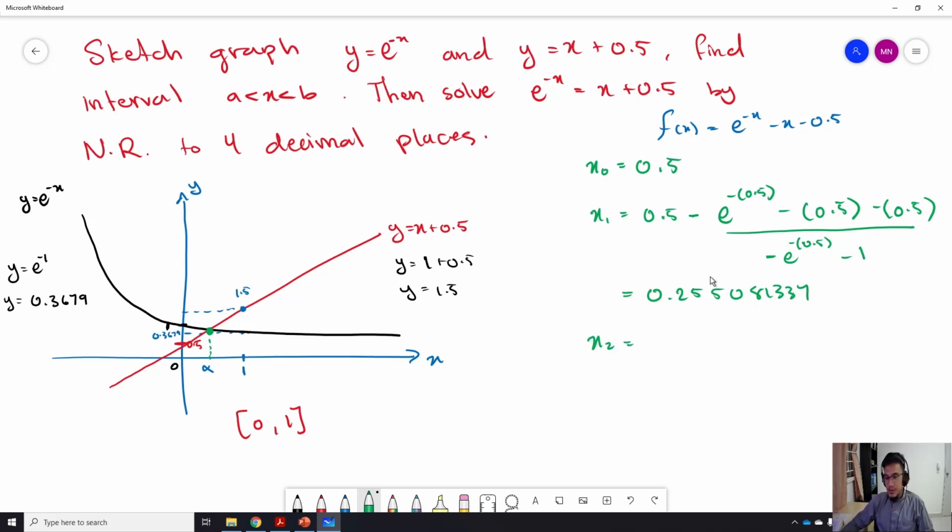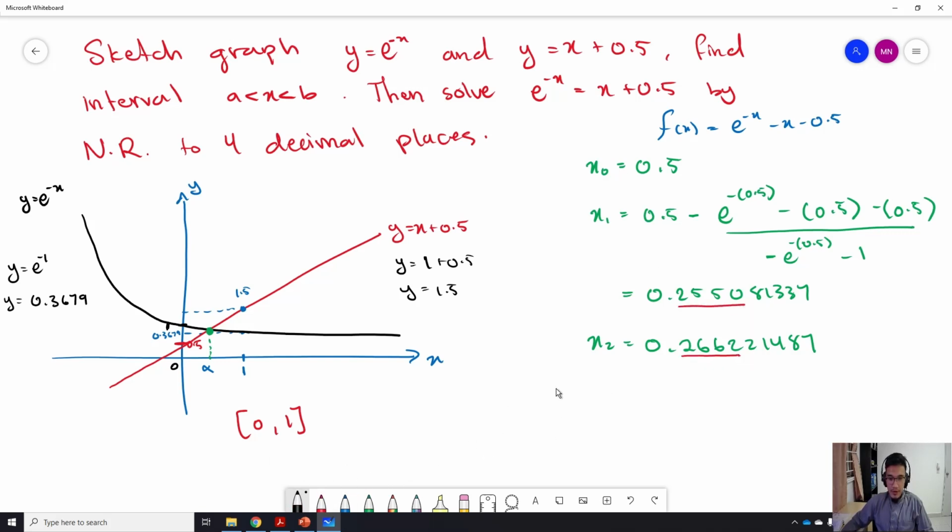So we need to proceed to x2. Substitute the value of x1 into the equation, and you will have x2 equal to 0.266221487. Compare the first 4 decimal places. The first 4 decimal places are not the same.